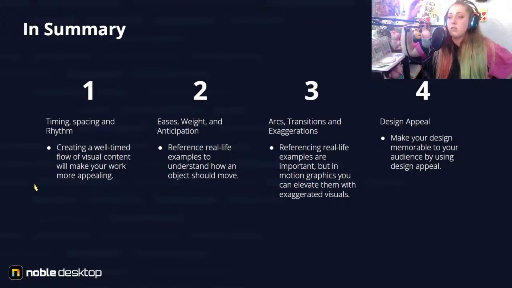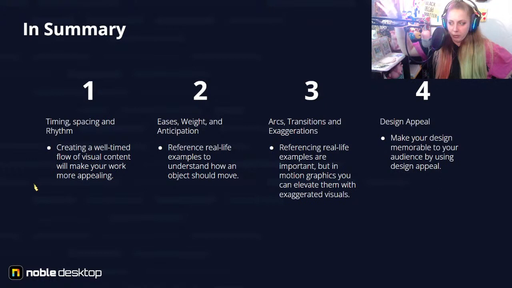Number two, when it comes to eases, weight, and anticipation, there's a lot of references to real life examples and how to understand how an object moves and how to use those elements to make it move like it would in real life.